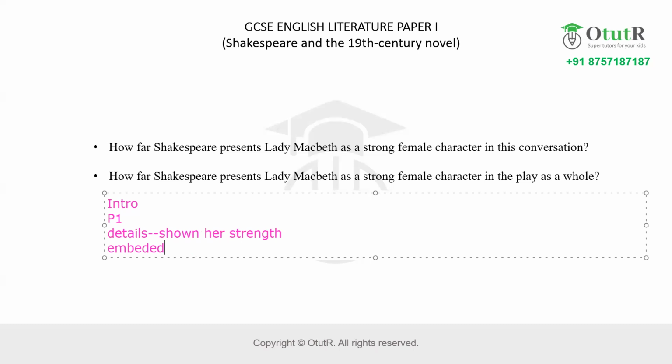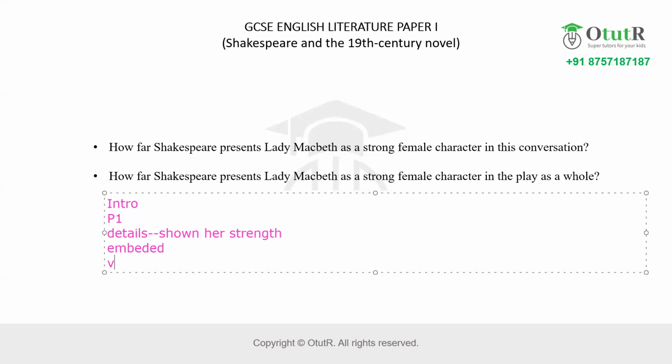So she launches a verbal assault, almost a devastating verbal assault, by responding to Macbeth's declaration, which says, "We will proceed no further in this business." Macbeth says, "We will proceed no further in this business," but she responds with a devastating verbal assault on his masculinity.